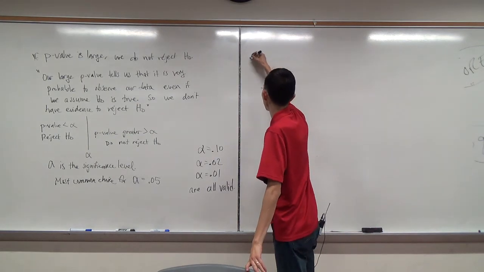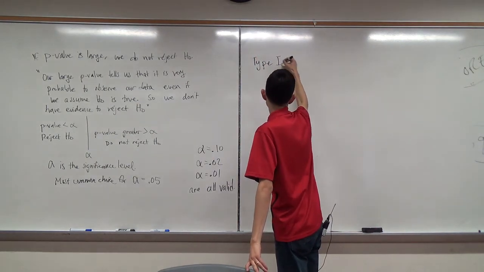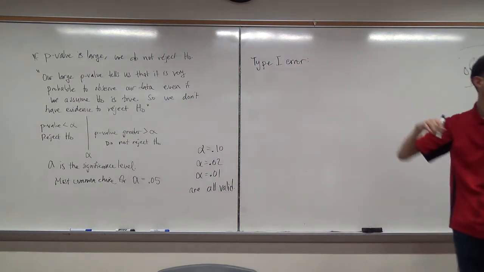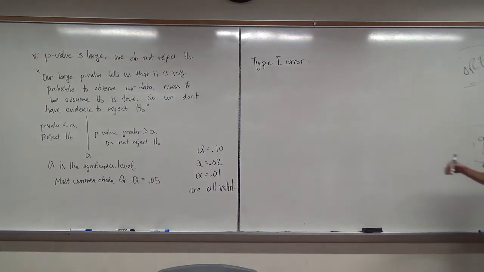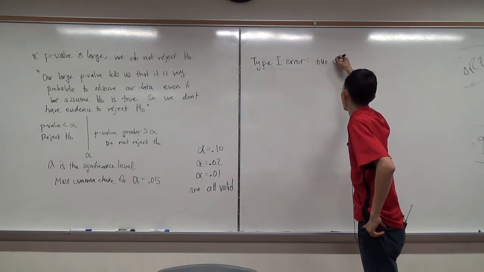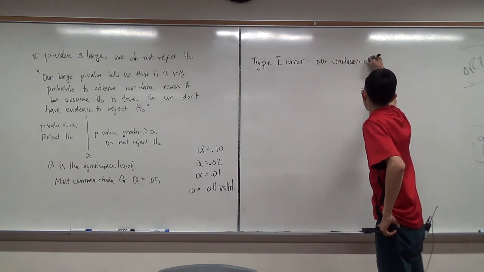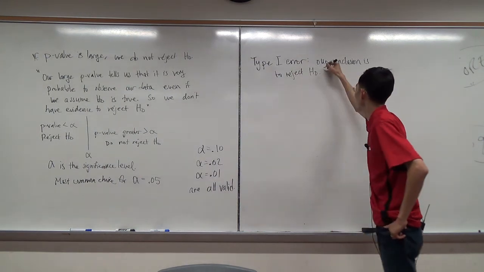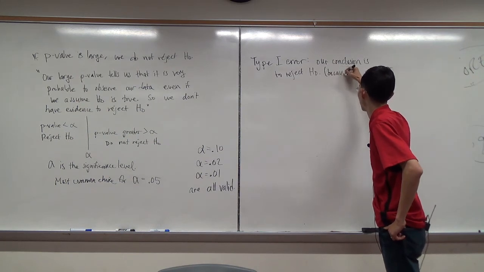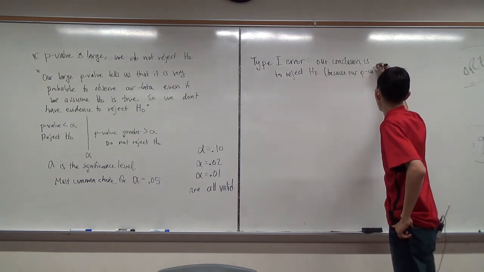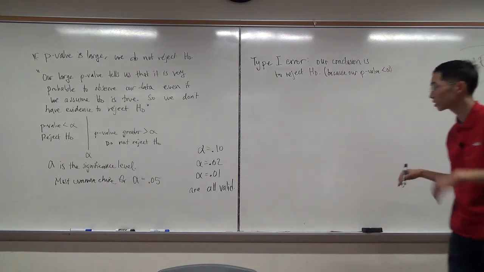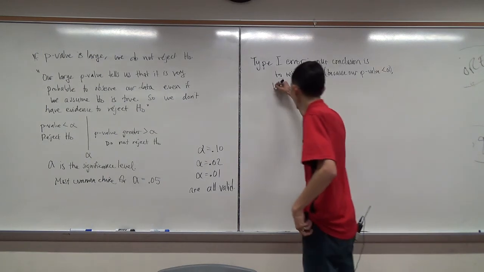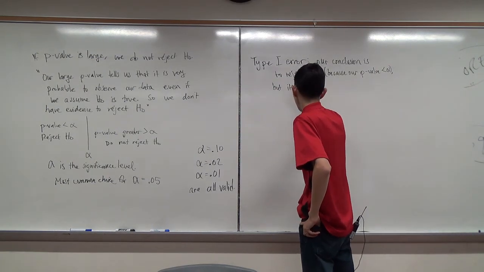So we have something called a type 1 error. The type 1 error is when our conclusion is to reject the null hypothesis because our p-value was less than alpha, but it turns out that the null hypothesis was actually true.